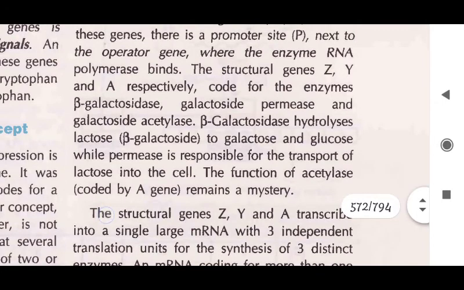So galactosides here refers to only the galactose sugar being present. In the case of glucosides, only glucose is present, attached by the glycosidic bond. So this is the function of these three.